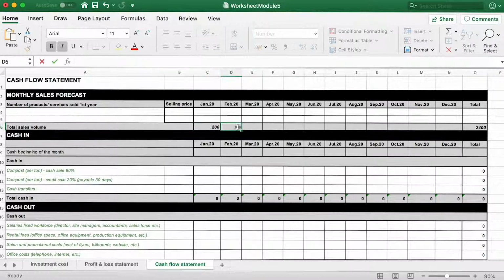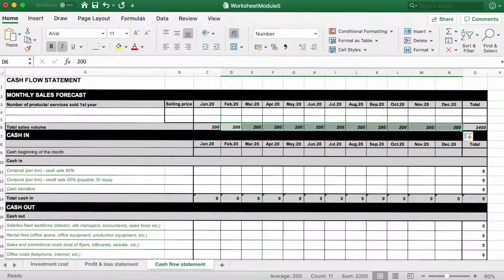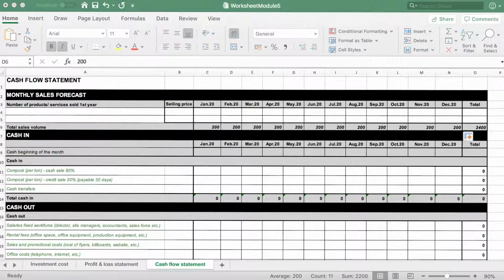If you divide that by 12 months, you end up with 200 tons of compost sales a month. This is a bit simpler than real life, but just not to overcomplicate things, we assume that you really just sell 200 tons. But for yourself in real life, you will need to calculate and estimate that much more precisely.